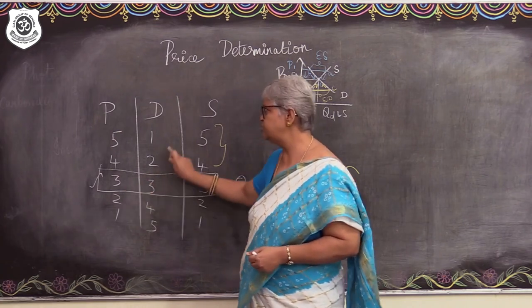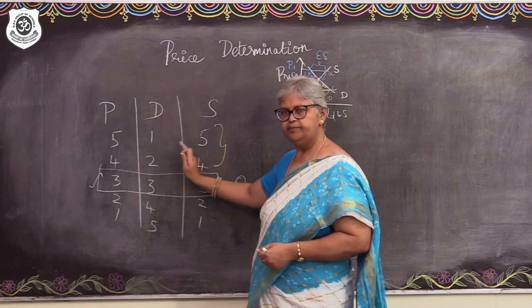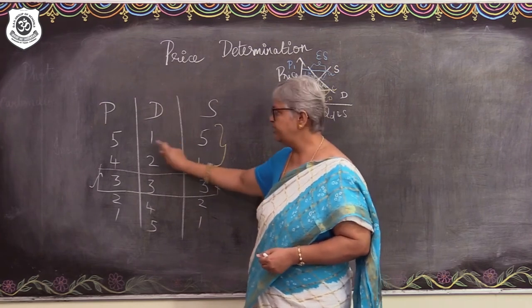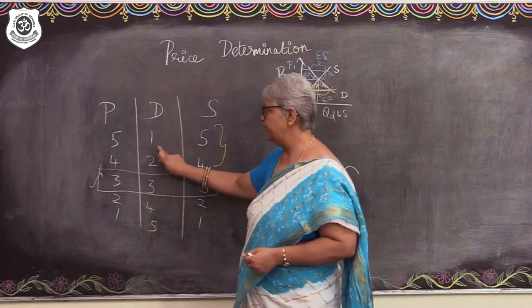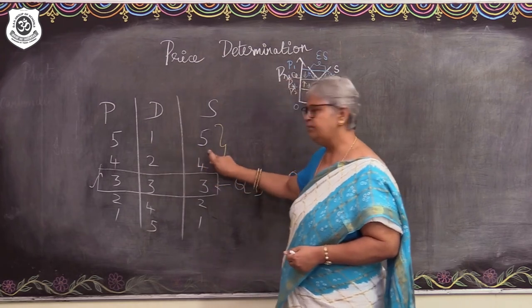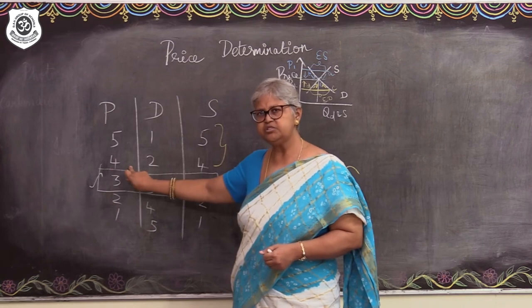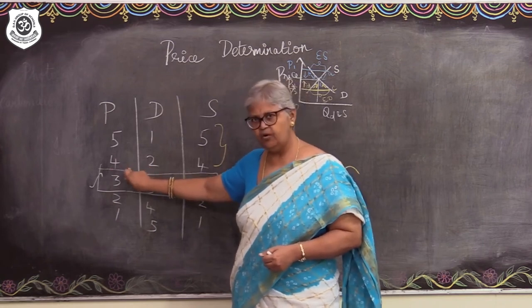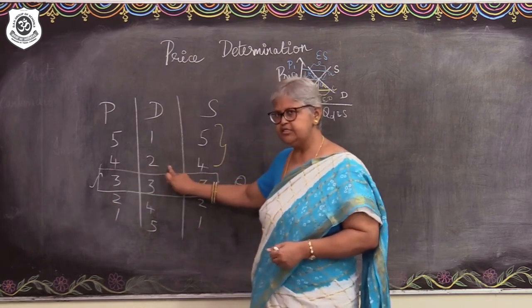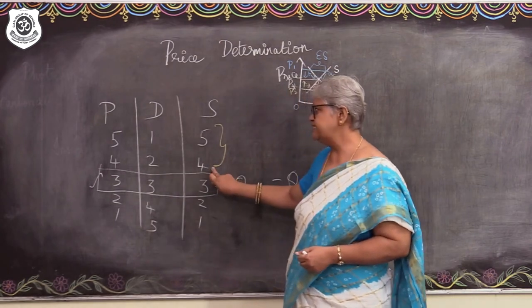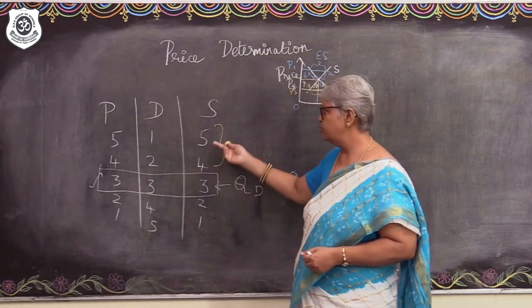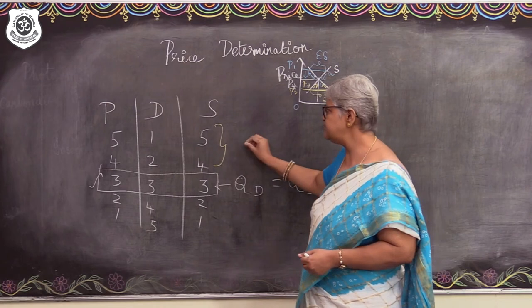So what's happening out here? Look into the demand. The quantity demanded at 5 is 1 and the quantity supplied is 5, right? Again at the next level, when the price is 4, the quantity demanded is 2 and the quantity supplied is 4. So what do we understand at these two levels?